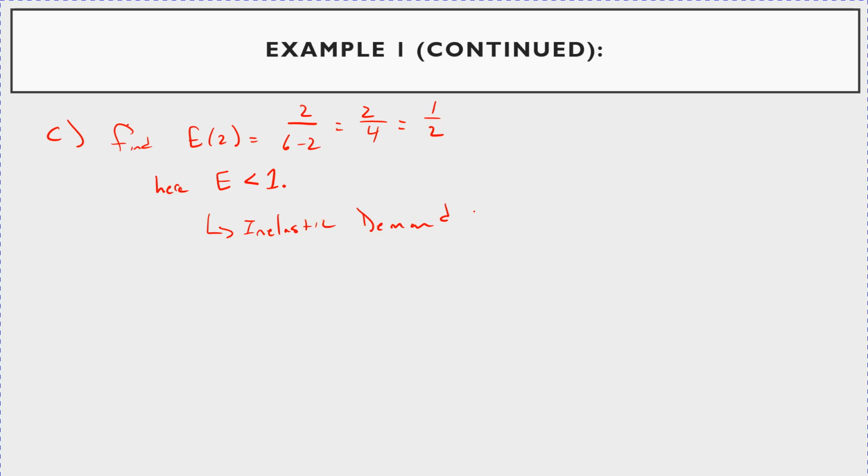All right, so what this means here then is a small percentage increase in price will cause an even smaller percentage decrease in quantity.